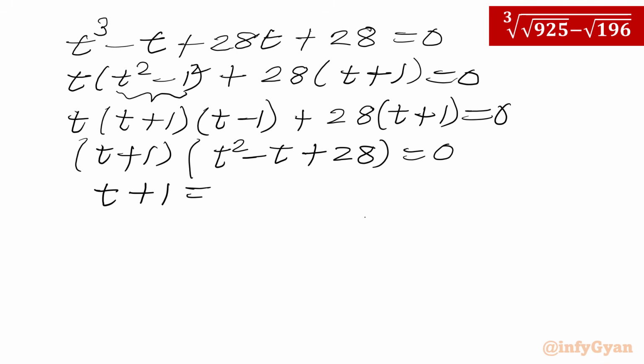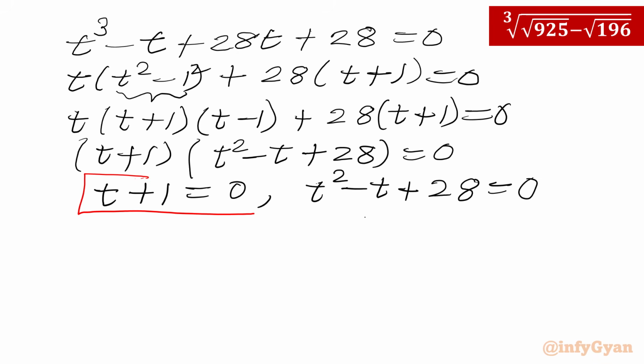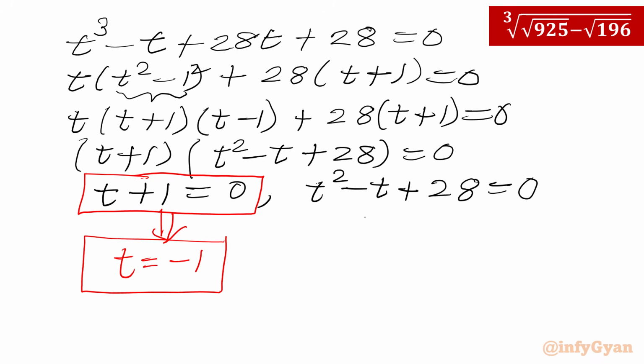Either t plus 1 will be equal to 0 or t square minus t plus 28 equal to 0. So we have one quadratic equation and one linear equation. From our linear equation, we will get t equal to negative 1 simply by subtracting 1 both sides.